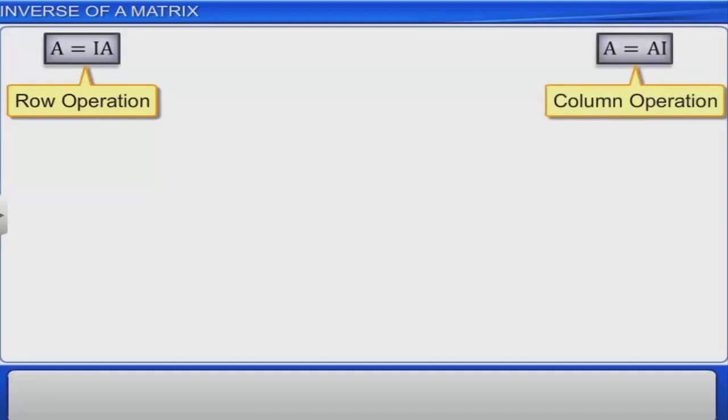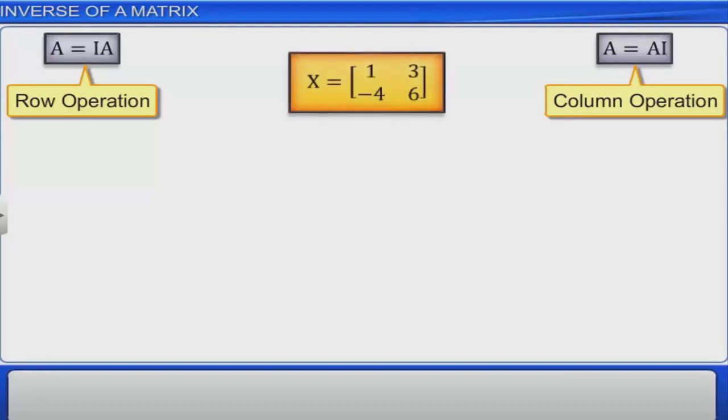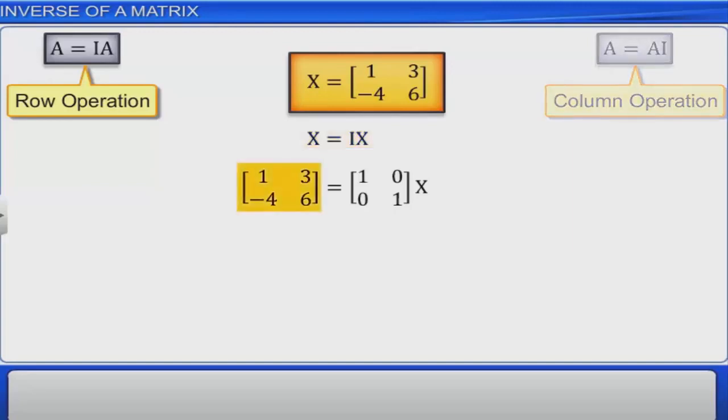Now, we will find the inverse of a matrix using both row and column operations. Let X be a matrix as shown. We can express this matrix as shown. Since matrix X is represented as identity matrix multiplied by X, we will perform row operations until the matrix on the left-hand side transforms into an identity matrix.